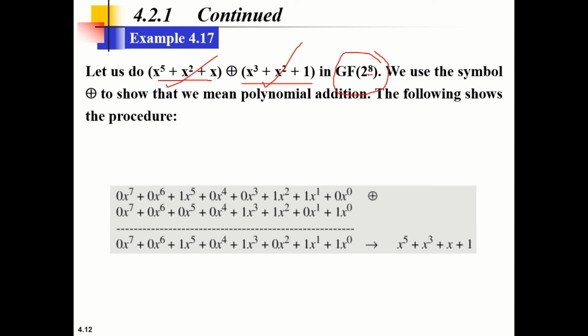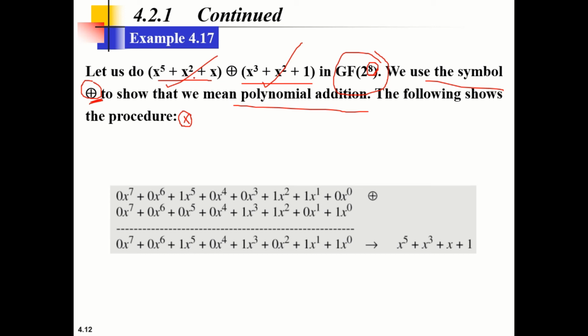Now 2 raised to 8 means the length of the given word is 8-bit. Okay, so we use this symbol to show that we mean a polynomial addition. So you have to use this symbol for addition and this one for multiplication, as we used earlier, right?